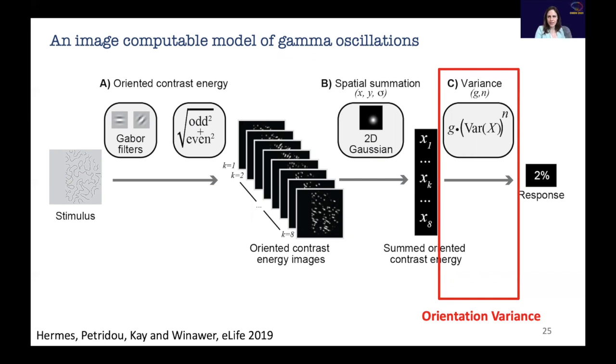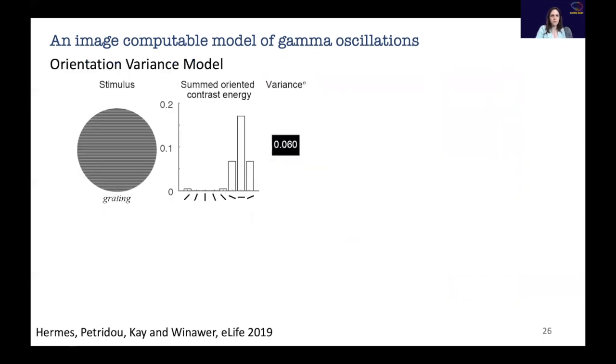So let me show that in a little bit more detail. In this orientation variance model, if we imagine a very large population receptive field, you can see that this horizontal orientation has a large contrast, whereas the vertical orientation is not present. If we calculate the variance across these values, we get a certain value, in this case 0.06.